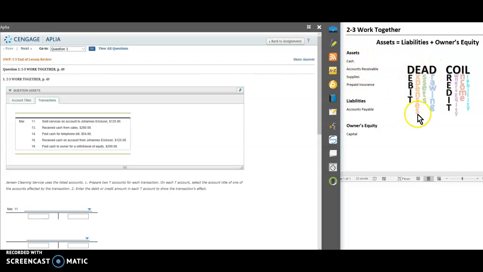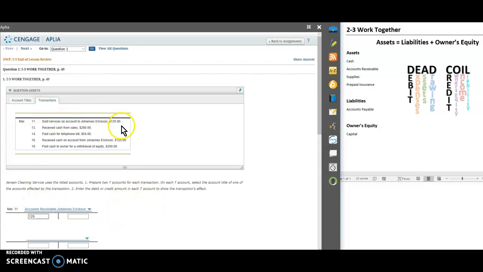Accounts receivable is an asset. Therefore, the normal balance side, the increase side of assets, is a debit. So we are going to debit our accounts receivable to Johannes Eriksson. They owe us money. Make sure you choose accounts receivable because they're going to pay us. We're going to receive that money. The amount is $125, and so that's the debit.